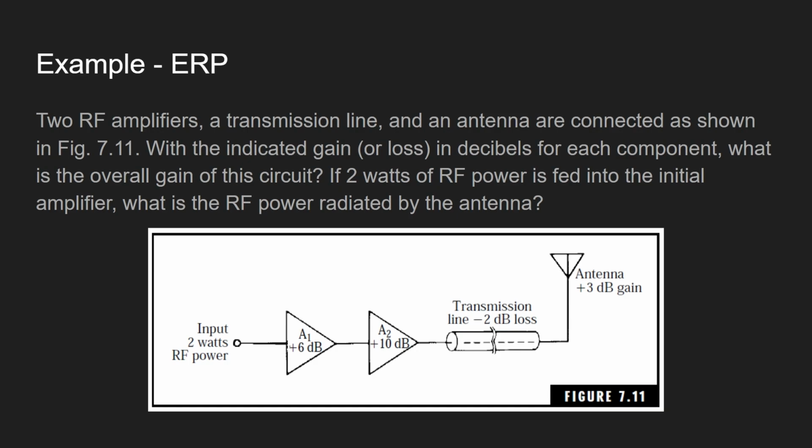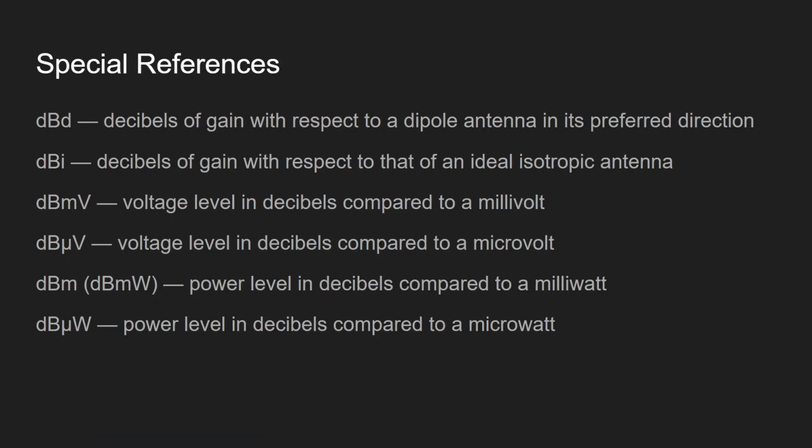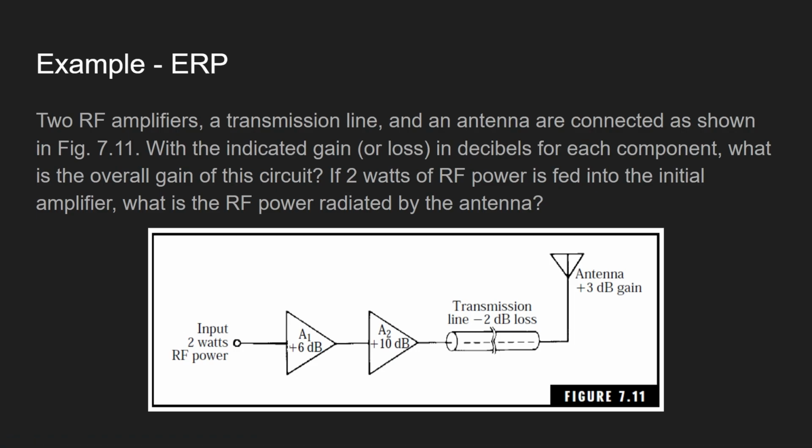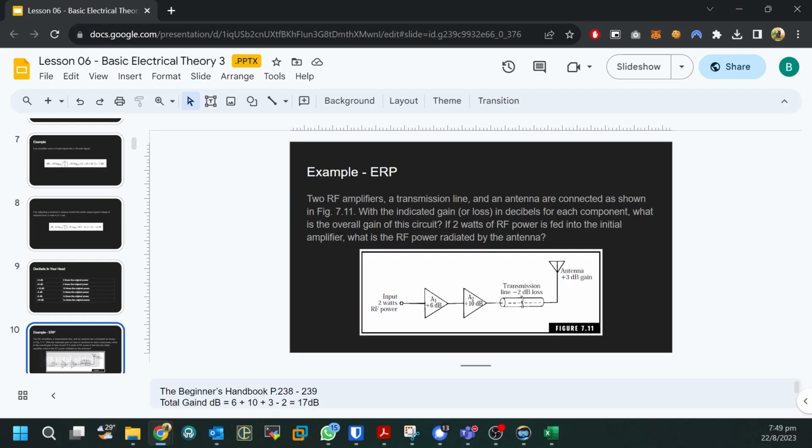So they may ask you something like this: if they have an amplifier and a loss in your power, what is the final dB? How much is the voltage, the power gain, or the dB gain in your final circuit? They may ask you things like this. Let me give you the answer so you can calculate it on your own. It is 17 dB. Okay, I'm just kidding.